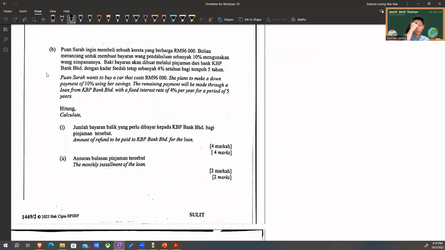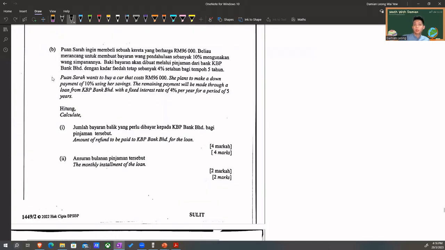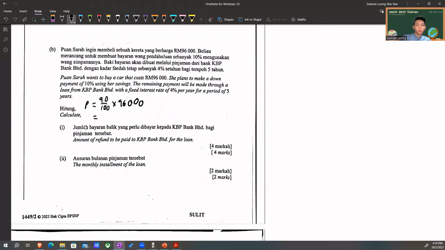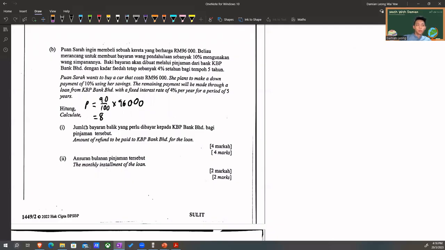We first want the principal, which is minus the 10%, so 90% of the 96,000 first, for the principal. That is 86,400.